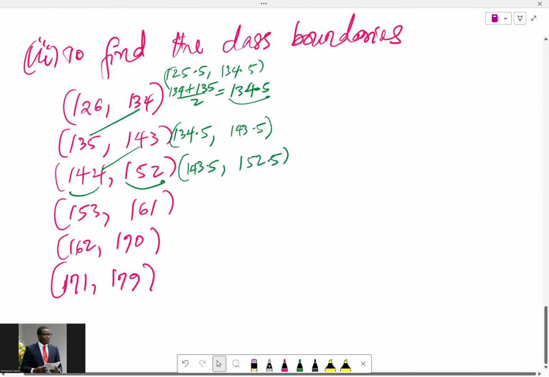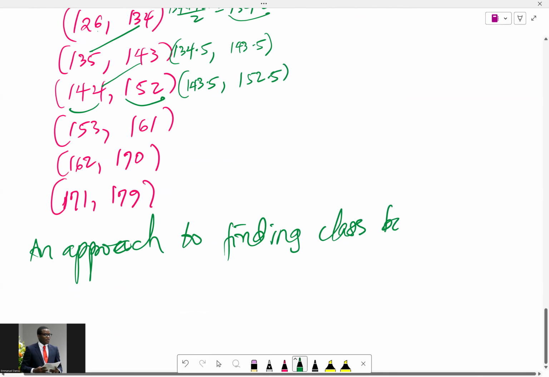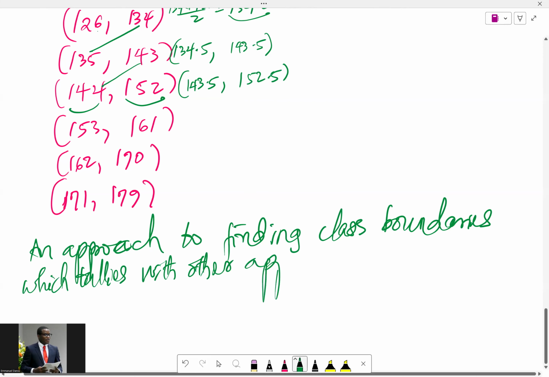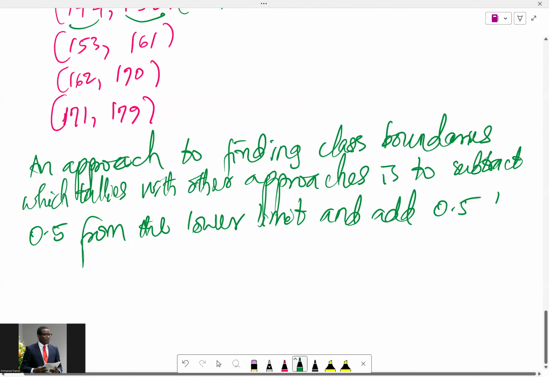In fact, let me write that down. An approach to finding class boundaries, which tallies with other approaches, is to subtract 0.5 from the lower limit and add 0.5 to the upper limit, basically.